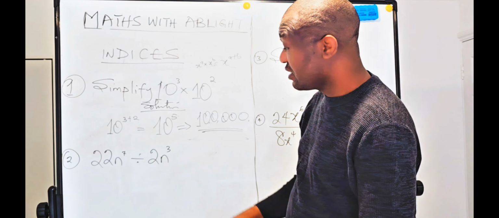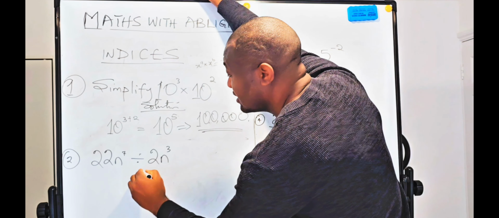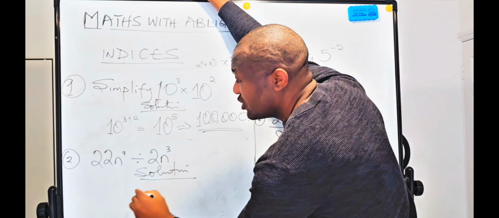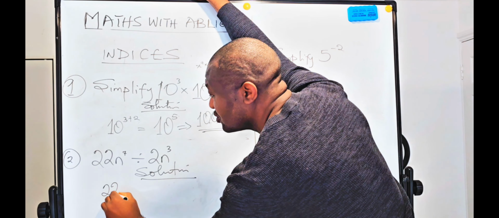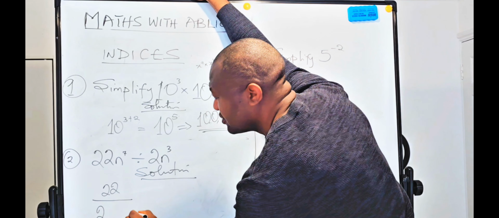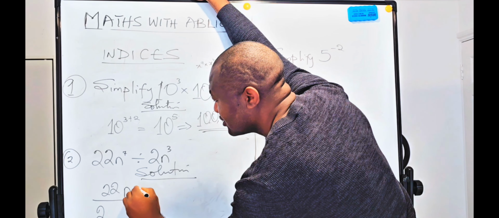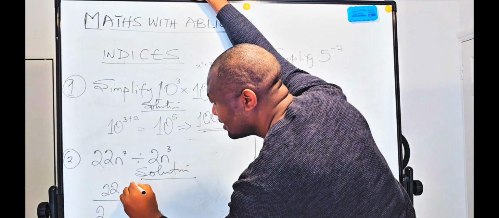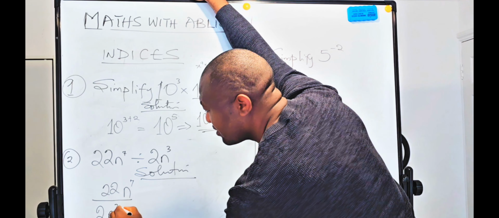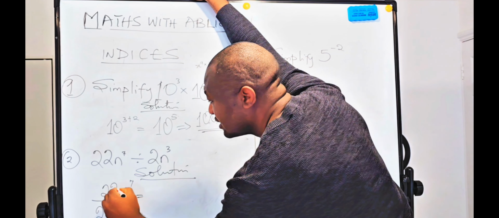This is no problem. The next one is there, division sign, the second law of indices. You've got 22 to be divided by 2, and then you have n to power 7 to be divided by n to power 3. It is simple.